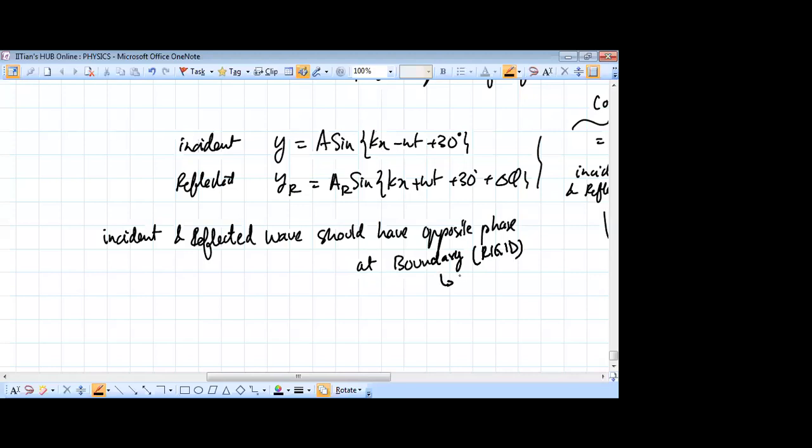And the boundary is which point? x equal to 0. So you can see that y at x equal to 0 is sine(30 degrees minus omega t), and y reflected at the boundary point is how much?